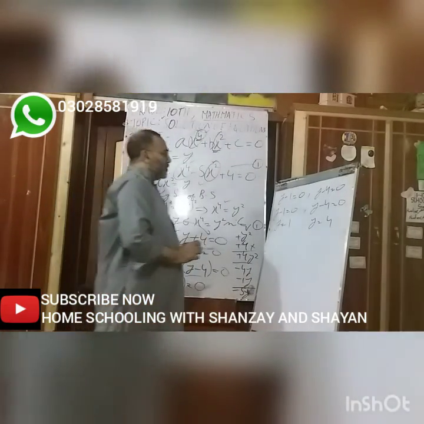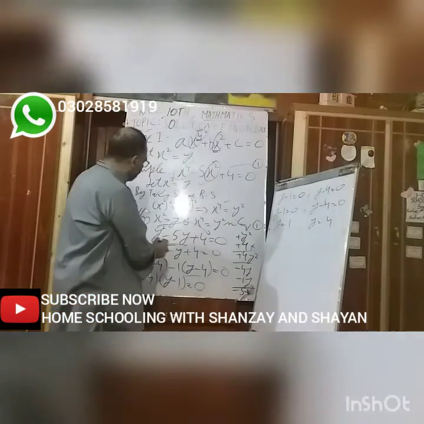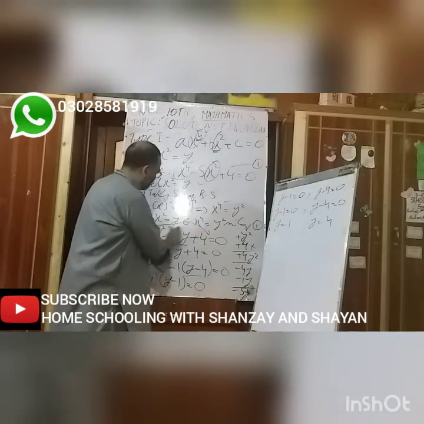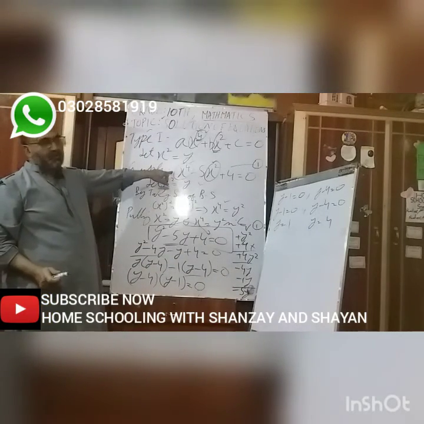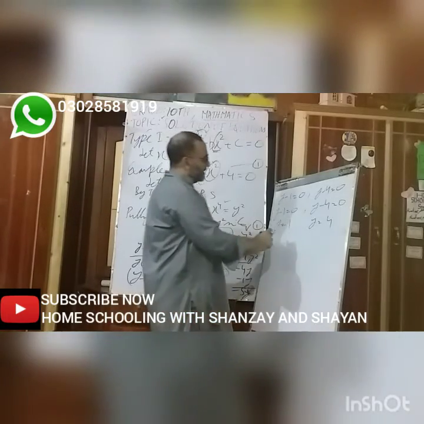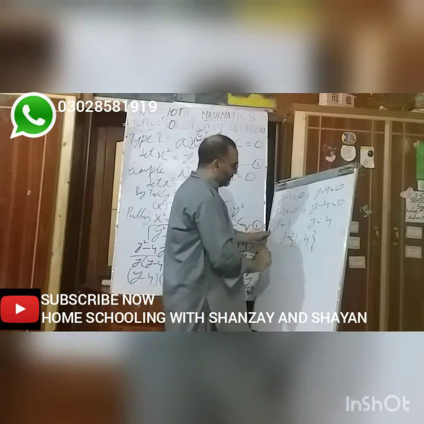So you found the solution of which equation? This equation, in y. But we need to find the solution of this equation. There the y solution is 1 and 4.